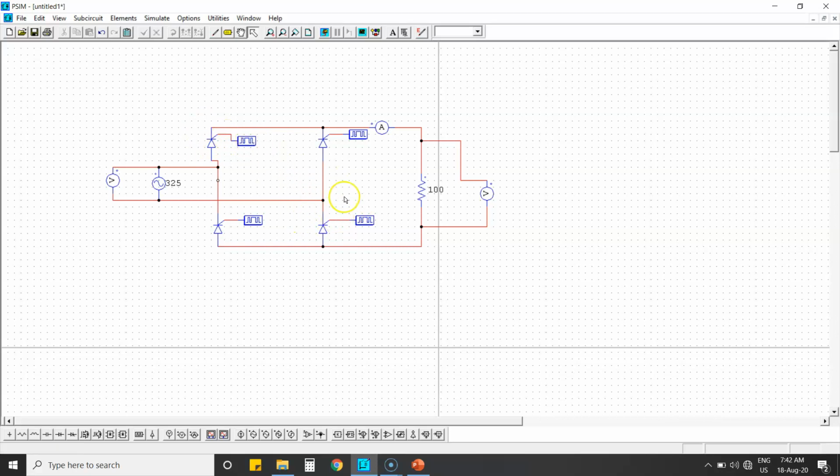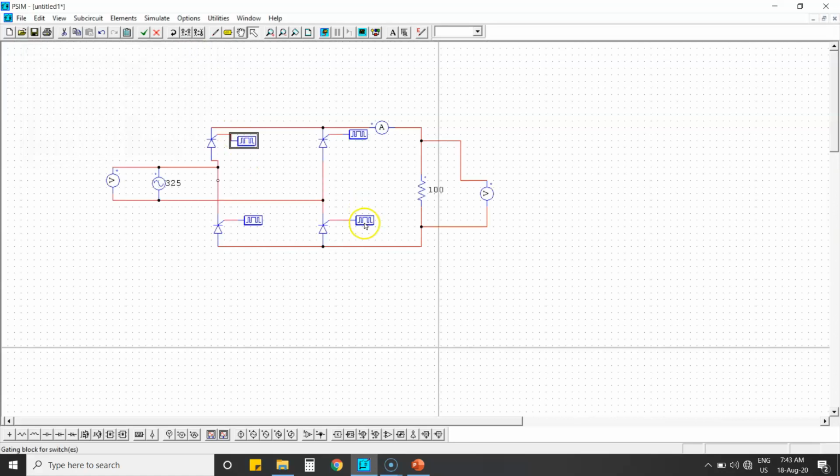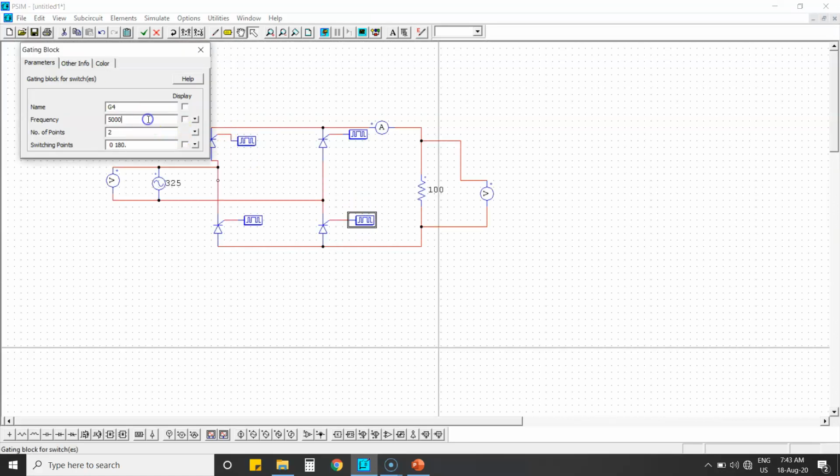For these 2 thyristors the switching pulse must be the same, and for these other two thyristors the switching pulse must be the same. Here the frequency is 50. Let us take the firing angle at 30 degree. It is on at 30 and off at 35. The same can be repeated for this one: 50, and here it is 30 and 35.